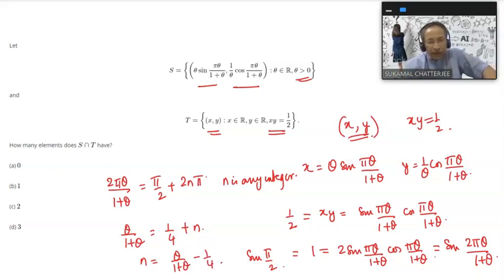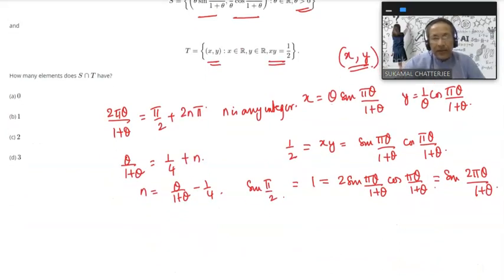Now we know that theta is greater than 0, which means that theta by 1 plus theta will lie between 0 and 1.